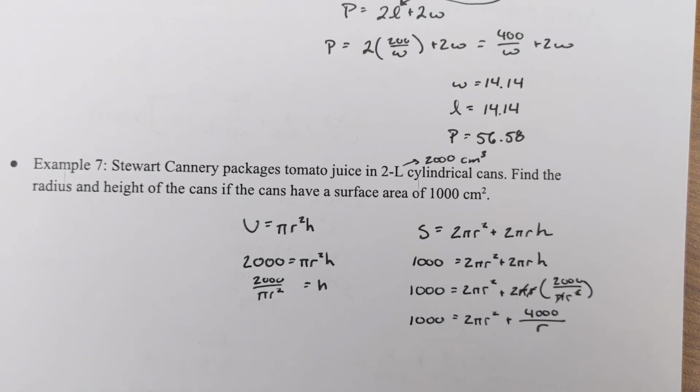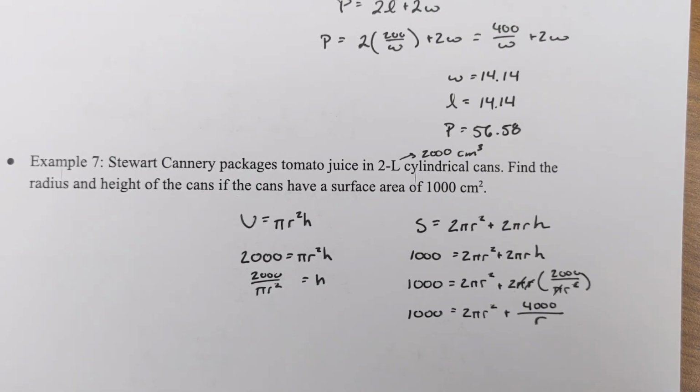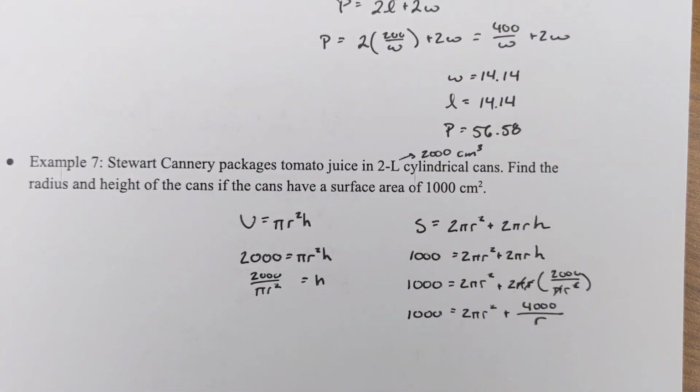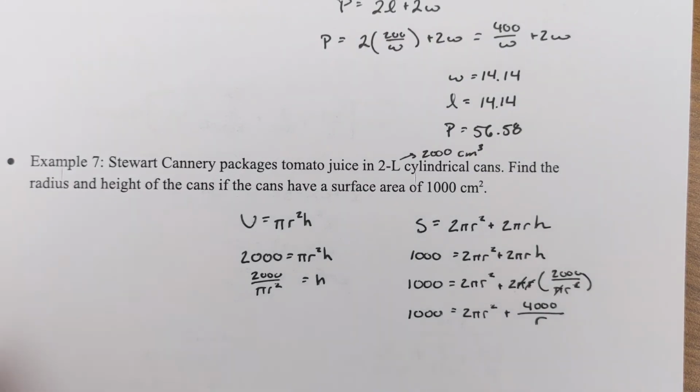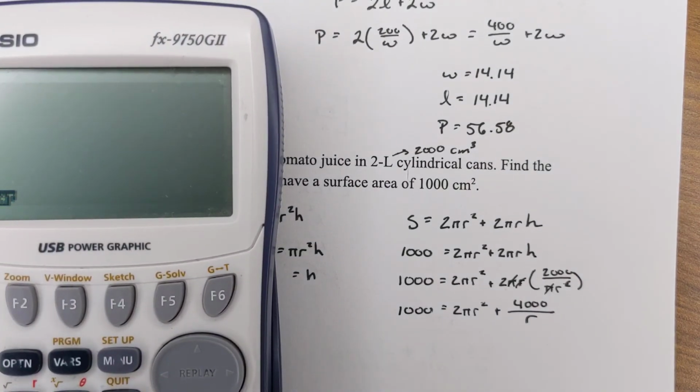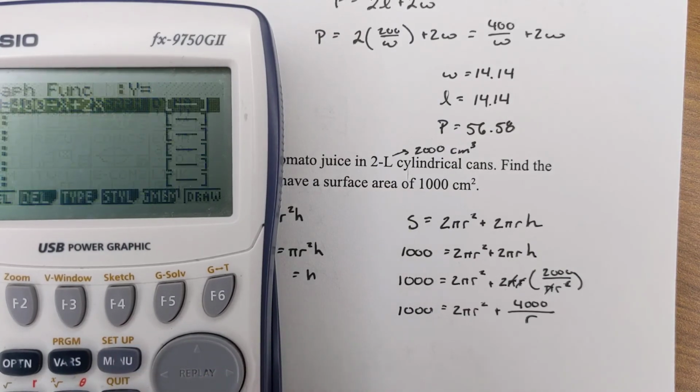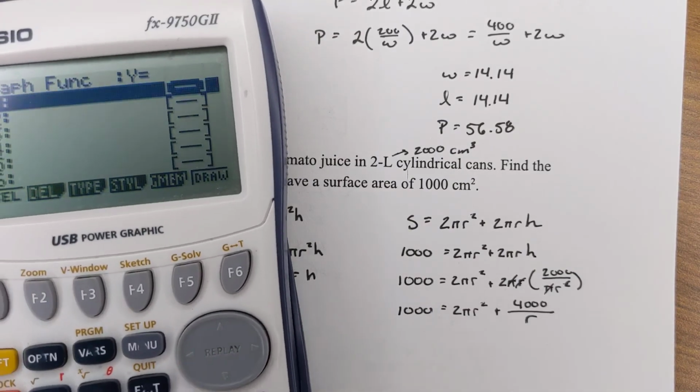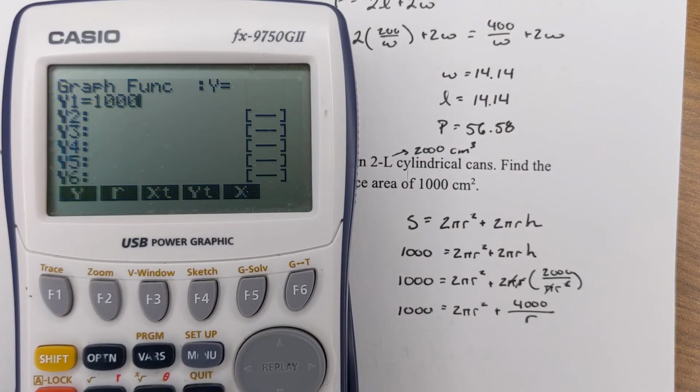The easiest way to do this is once again with a lovely graph. So let's try it out here: menu, graph. You can do this one of 2 ways: you can set one side equal to the other.